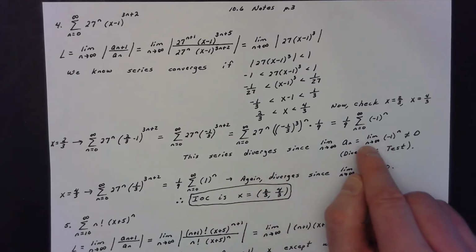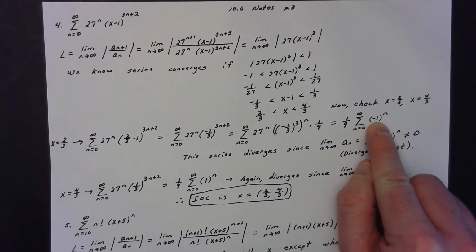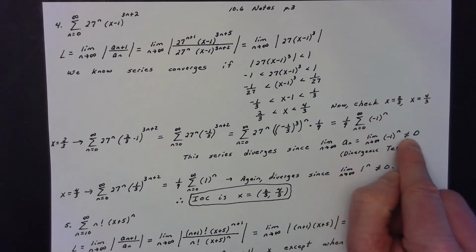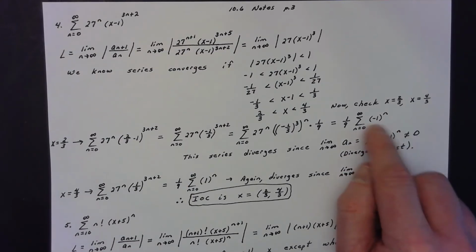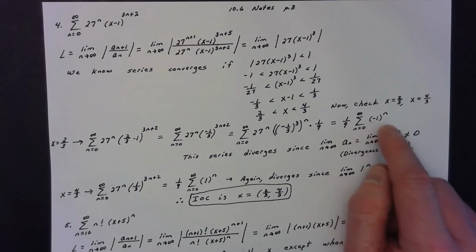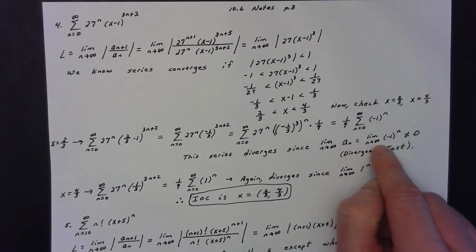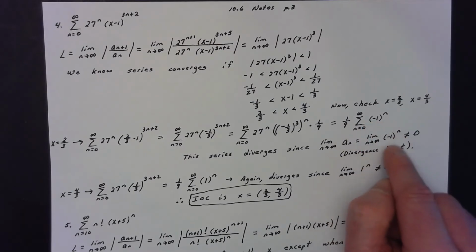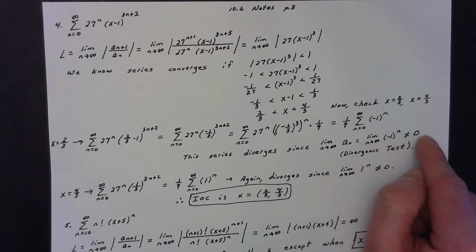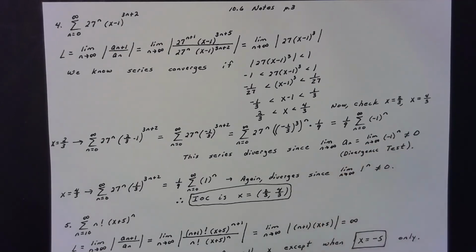Can I take the limit as n approaches infinity of the general term of that series and show that it's equal to 0? No, never. This series is always going to oscillate between negative 1 and 1, negative 1 and 1. So you can't say that the limit of the nth term is equal to 0, and since you can't say that, this diverges by the test for divergence.